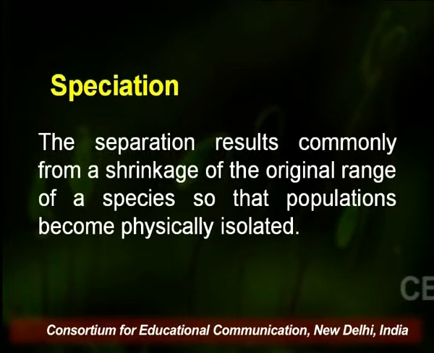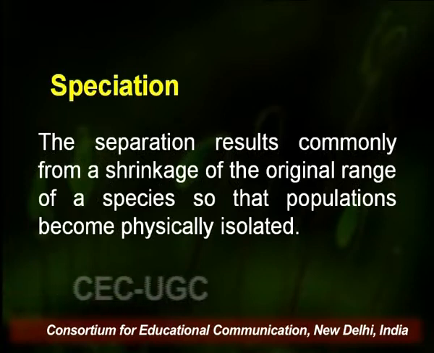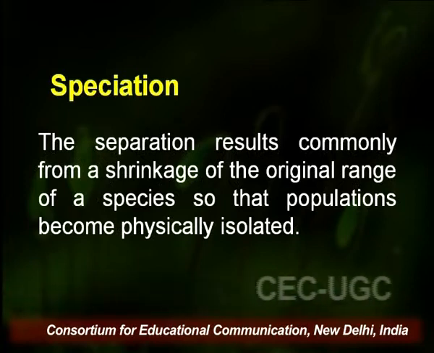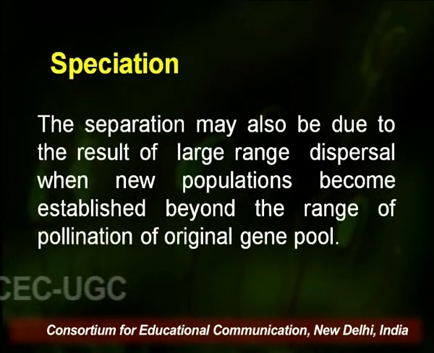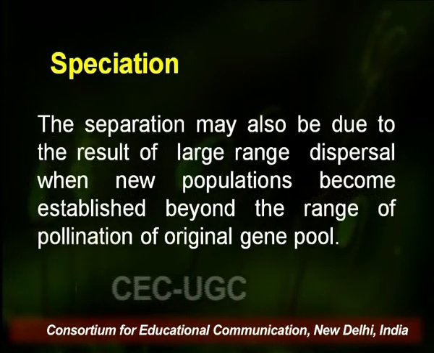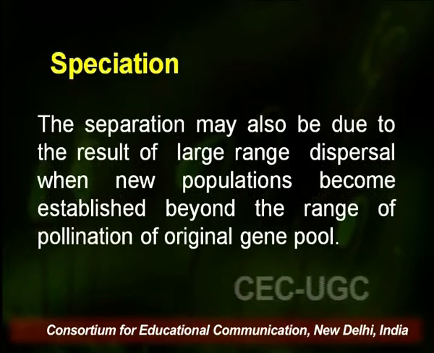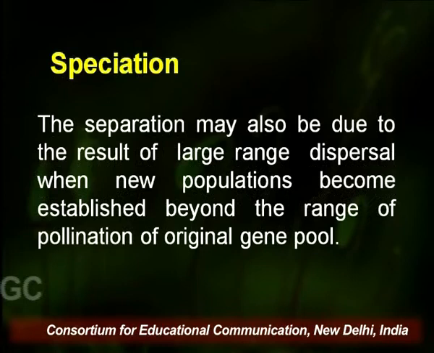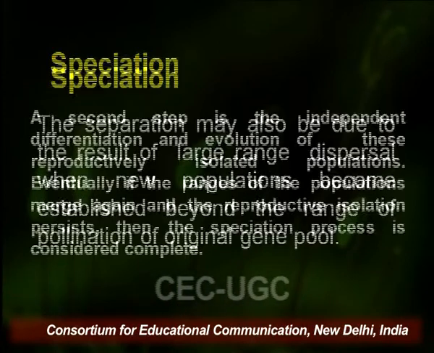The separation results commonly from a shrinkage of the original range of a species so that the populations become isolated physically. The separation may also be the result of a large range of dispersal, when new populations become established beyond the range of pollination of the original gene pool.